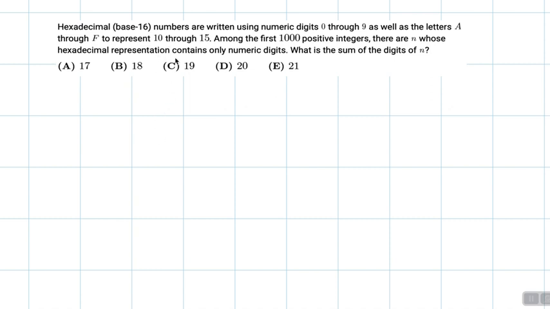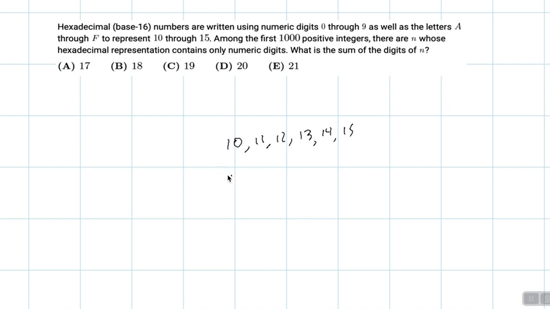To get at this, I want to look at the representations that don't contain numeric digits. So the numbers 10, 11, 12, 13, 14, and 15 in base 16 are all not going to be numeric digits in base 16.